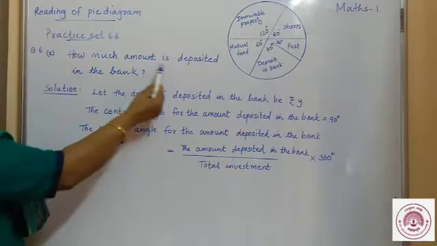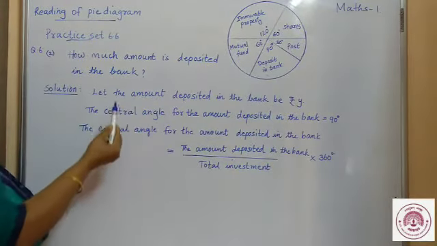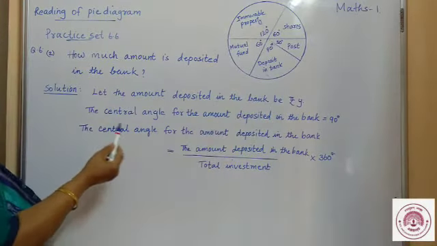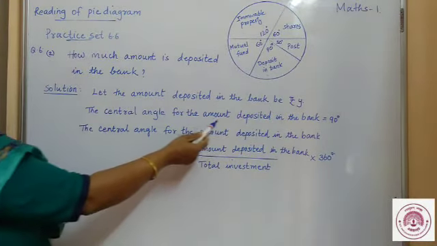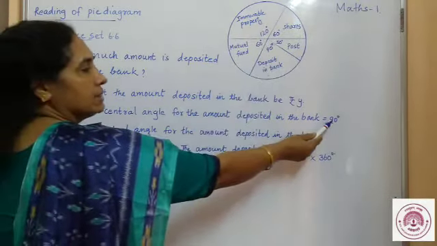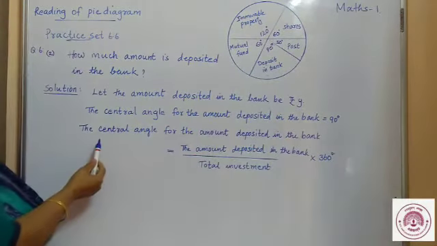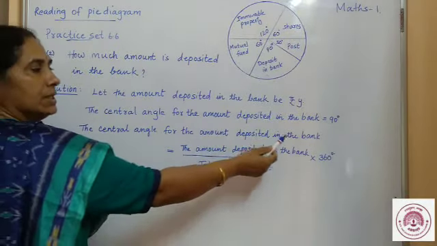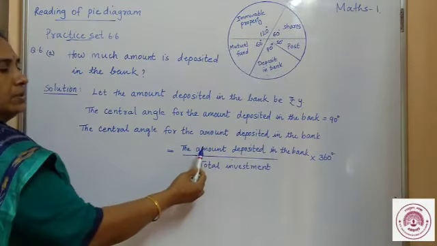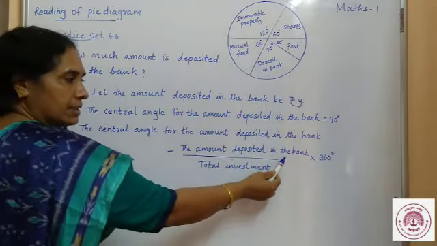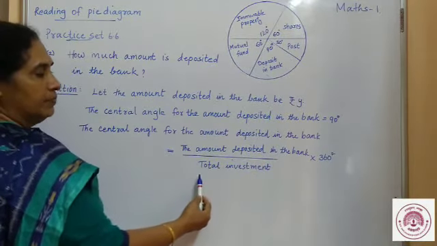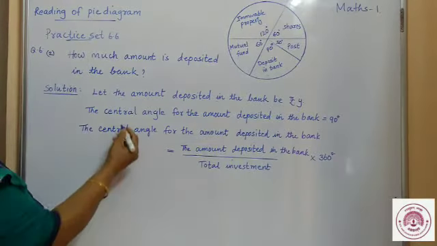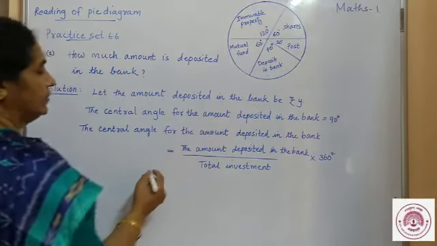Let the amount deposited in the bank be rupees Y. The central angle for the amount deposited in the bank is 90 degree, and the formula is, the central angle is equal to the amount deposited in the bank divided by total investment into 360 degree. So we will substitute the values.